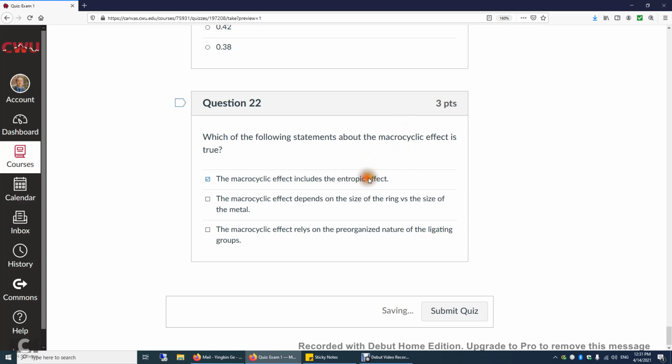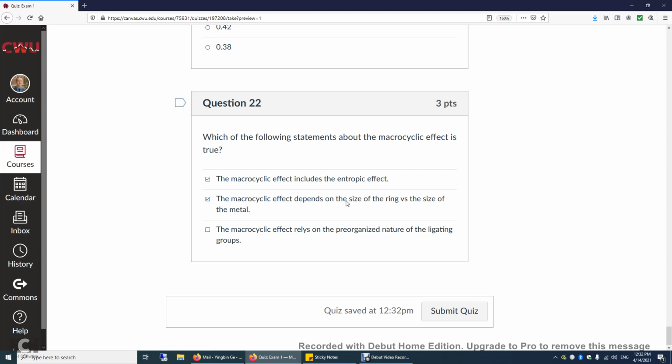First, it does include this entropic effect, because if you have a large ring to form a complex with a metal with multiple points of attachment, in such a reaction you're going to see the increase of the number of particles in the forward direction. So it's entropic effect. And also, it does depend on the size of the ring versus the size of the metal. If you have a very small ring and a very large metal, it does not fit. So in that case, the macrocyclic effect is small.